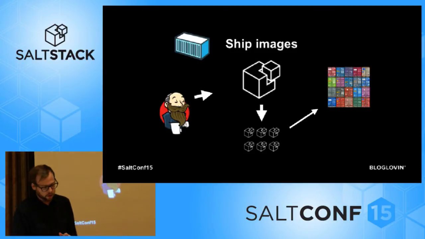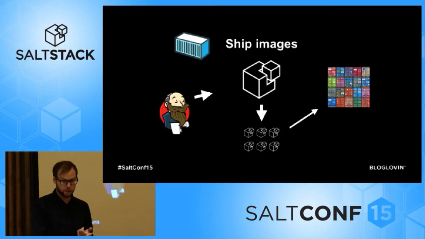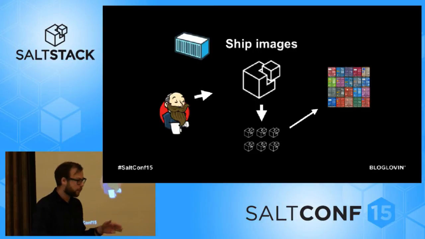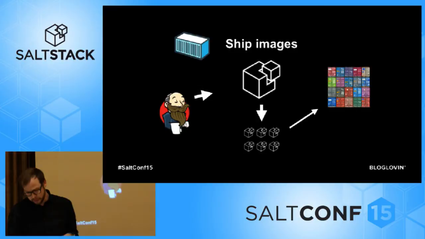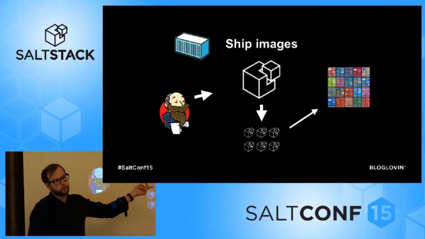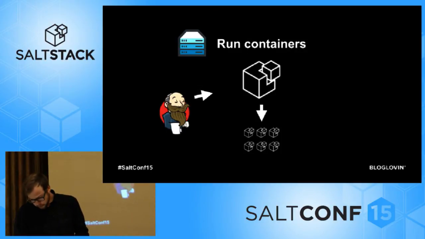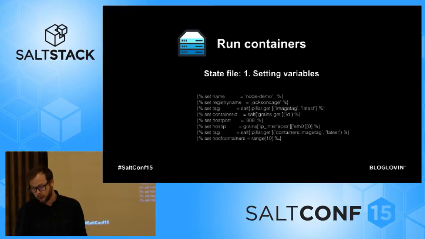So we used Salt call to target which minions this image should be run on, the tag version, etc. I'm going to show it later. Then those minions go to the local registry to fetch that image. And of course, the last part is that you actually run the containers. So I'm going to go into a little bit more about the code, actually.